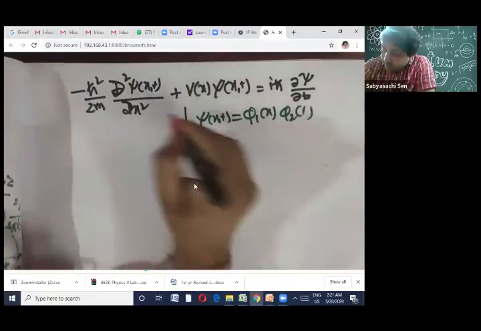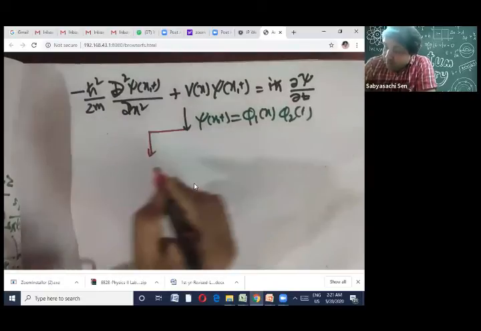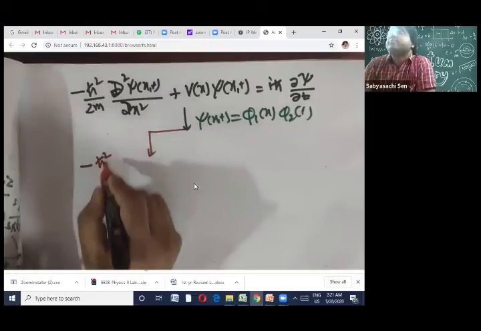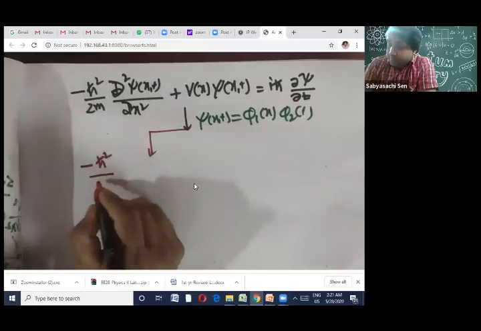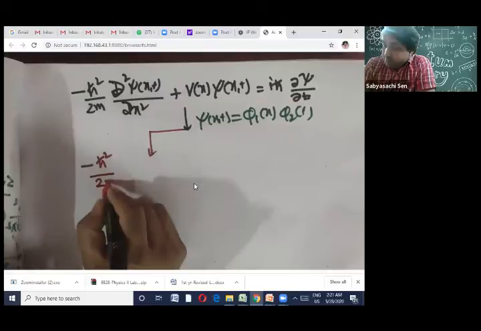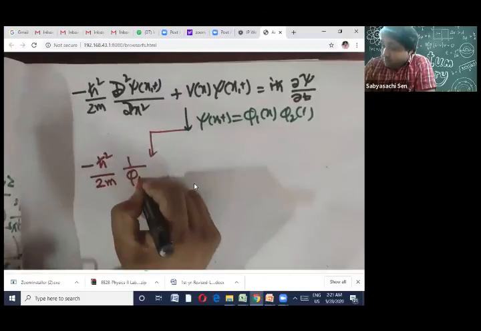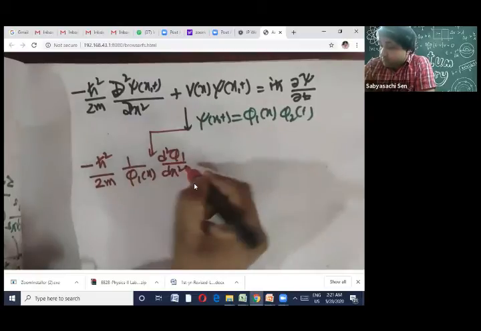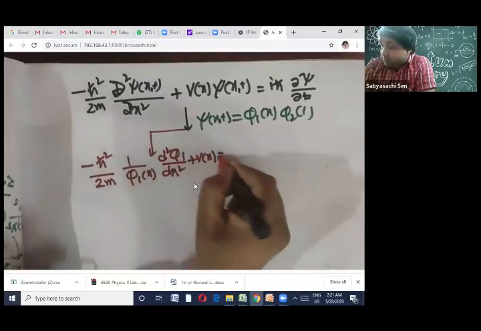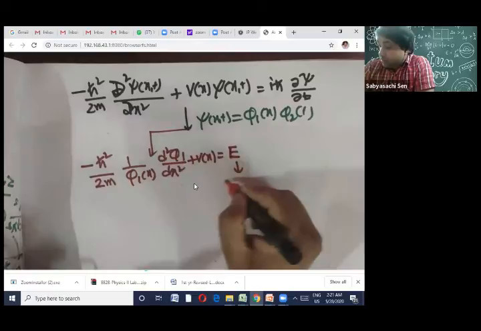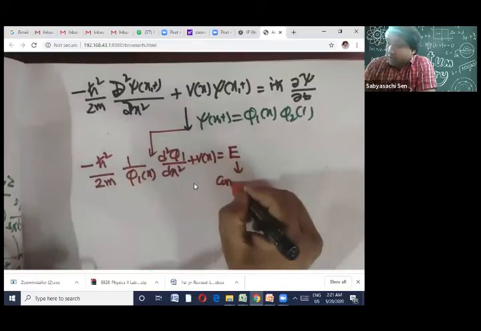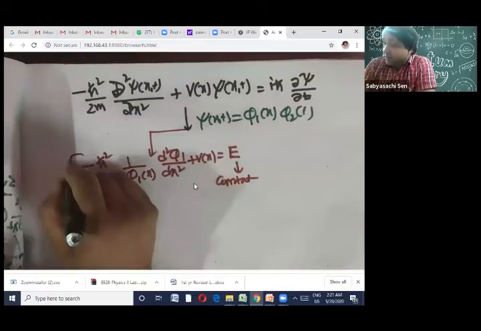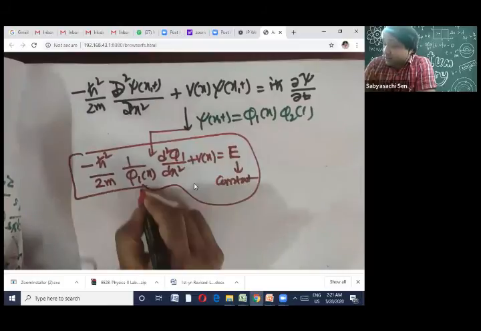Now by utilizing this equation, this is one of the equations. This is a constant quantity. So this is my equation in x.